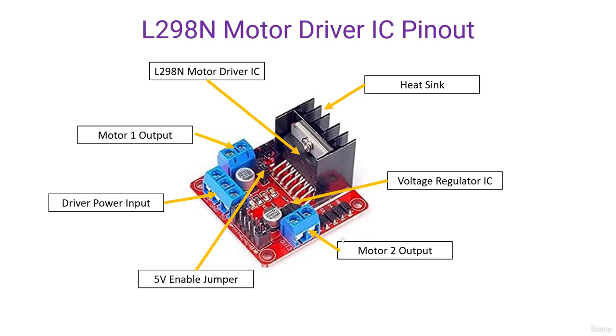If you want to use 5 volt for the DC motor, you can enable it using this 5 volt jumper. Here's a jumper, it is removable. Using this, you can enable the 5 volt supply. To ensure the 5 volt, here's a 5 volt voltage regulator also. So I hope you got the idea about the pinout of this motor driver.